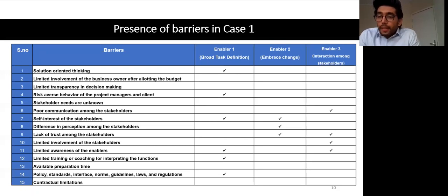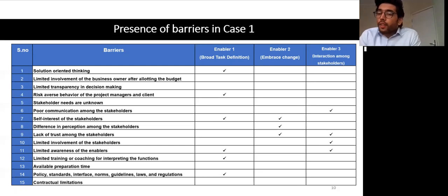The second column in the table reflects the 15 barriers for implementing the enablers. The last 3 columns with the heading enabler 1, 2, and 3 depict the particular enablers that are broad task definition, embrace change, and interaction among the stakeholders.